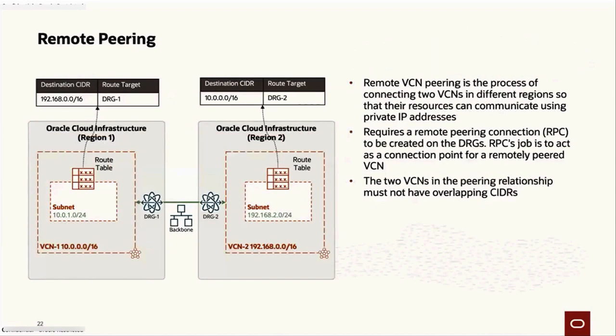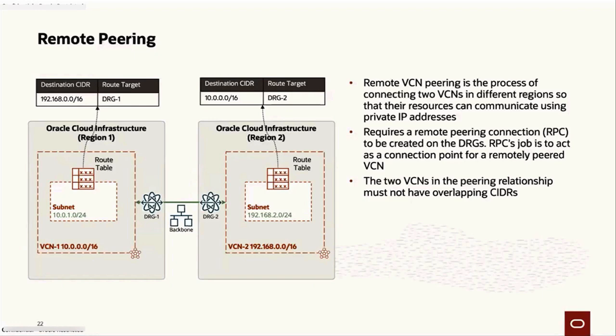Remote peering refers to the process of connecting VCNs in two different regions. This scenario uses dynamic routing gateway. In this diagram, VCN1 in region 1 is attached to the DRG1 and VCN2 in region 2 is attached to the DRG2.